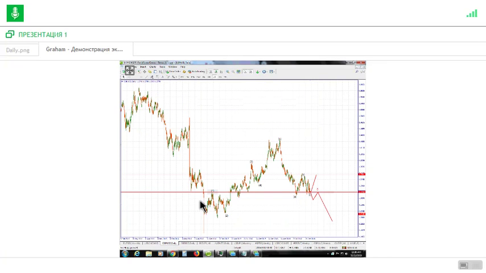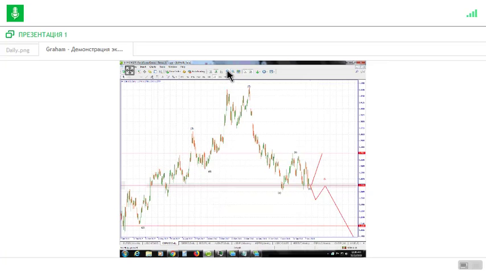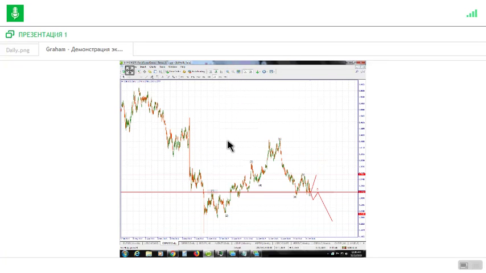We now move to the next one, GBPUSD. Also, on this one there's nothing to be added. We still have our lines. We have this resistance line here. Price went above, back to the same place, then up, back to the same place, and then up, back to the same place.